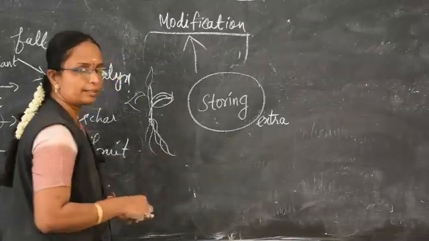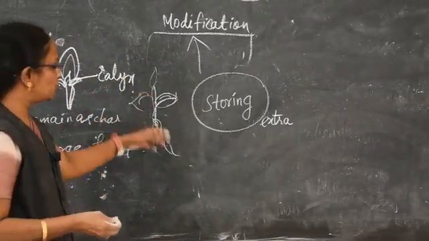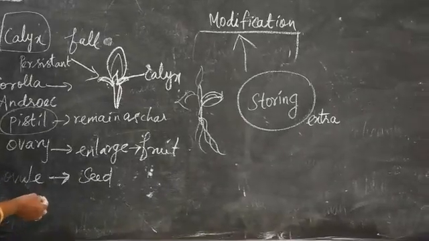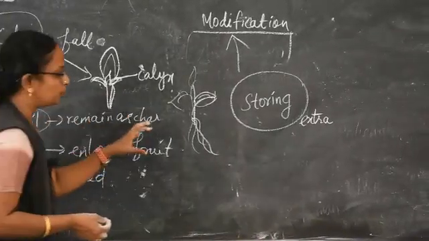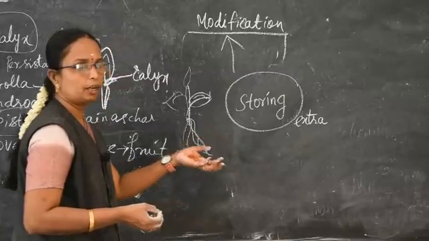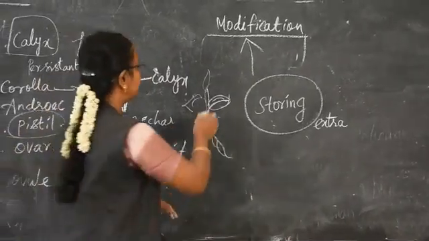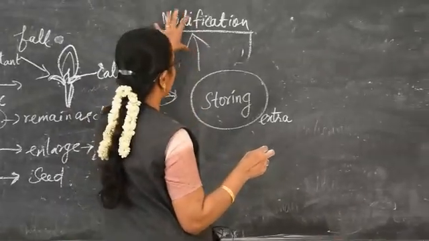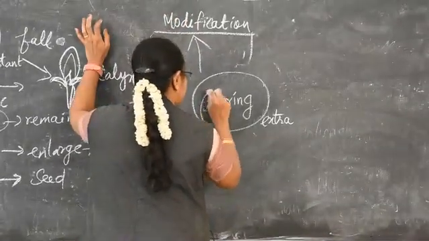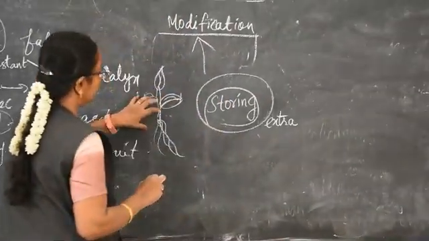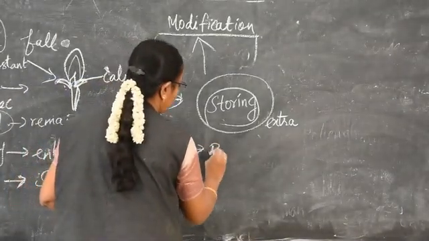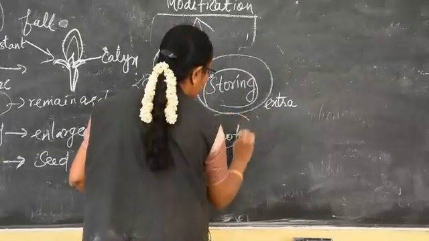So after fertilization, the plants are undergoing some changes. The ovule is changed into seed and the ovary is developed into fruit. After that, they are showing some extra modification, that is, they are storing their extra food in some of their parts itself. For example, if we take root, what is the function of the root?